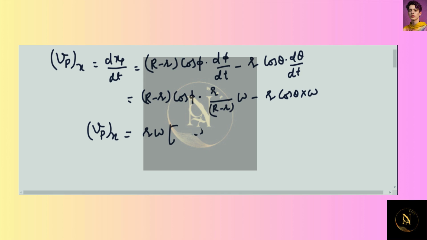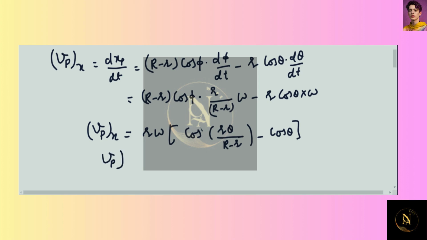If you take r omega common on both sides, you will get this cancelling out. Phi you can substitute from here. So phi is (R minus r) theta over r, and theta can be written as omega t.